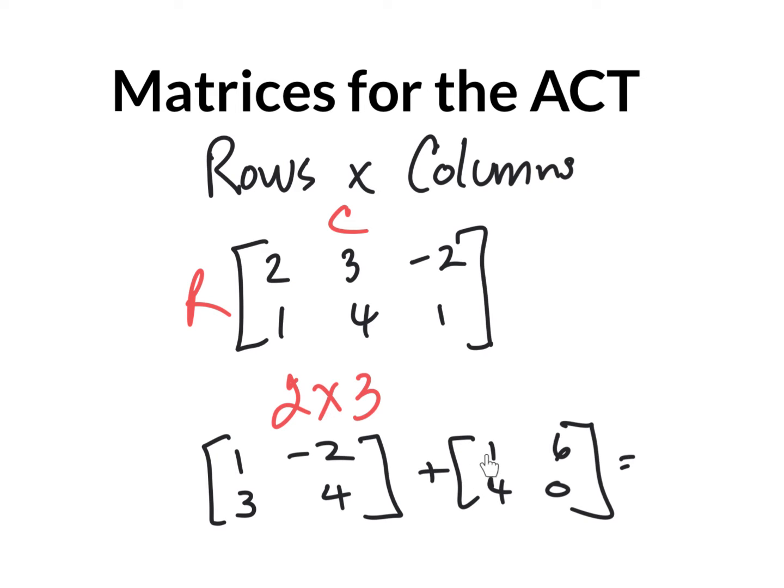So upper left, you just do that operation. So 1 plus 1 creates a matrix. We get 2. Next, 3 and 4. So lower left is 7. Negative 2 plus 6 is 4. And finally, 4 plus 0 is 4.